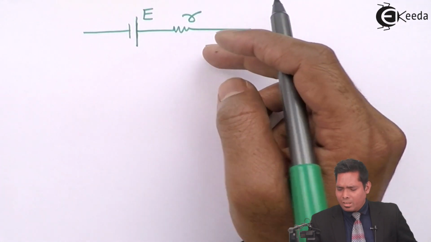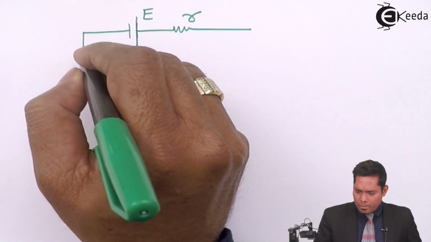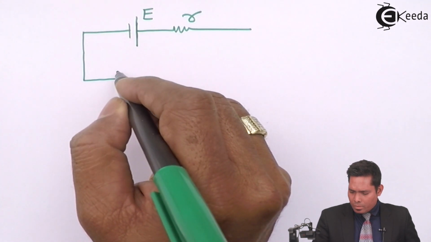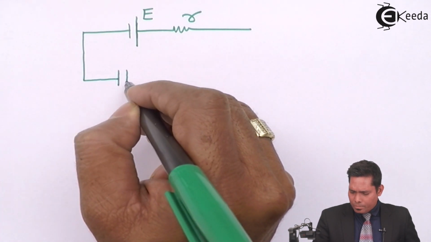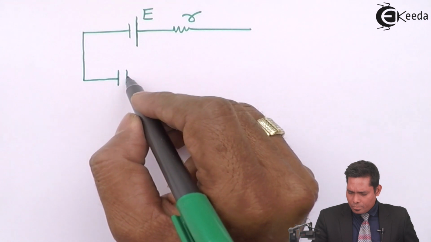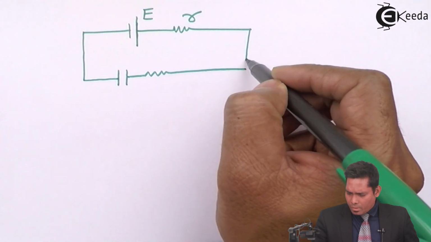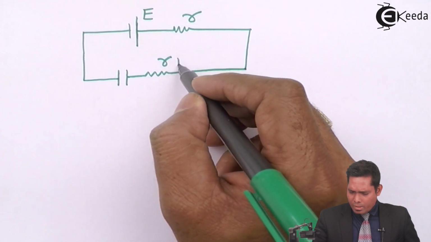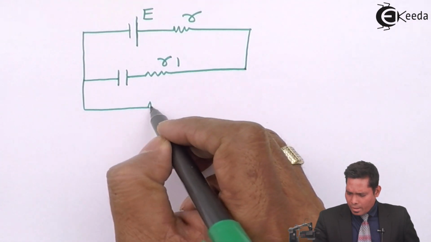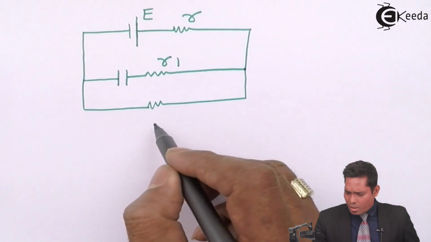Even if not internal, it doesn't matter. The capacitor is here, and there is a resistance R1 over here and a resistance R2 over here.